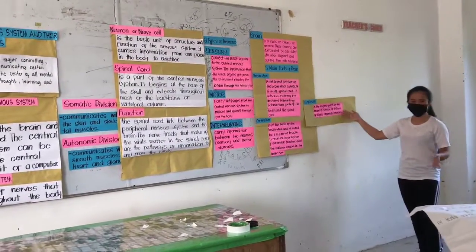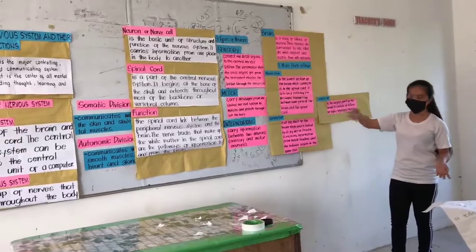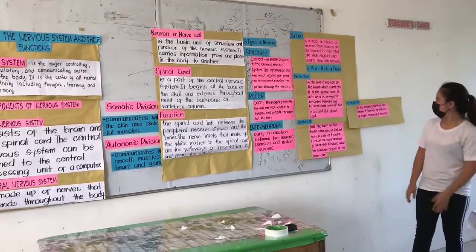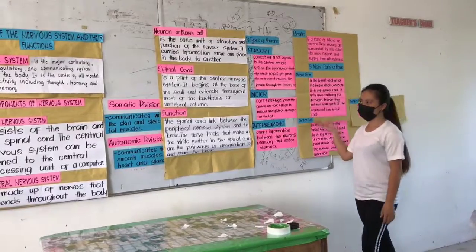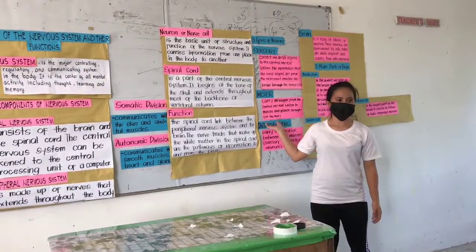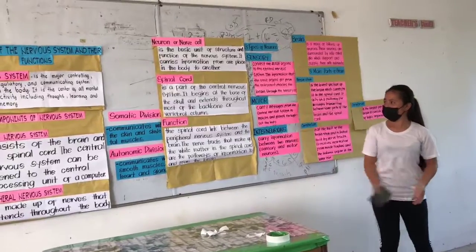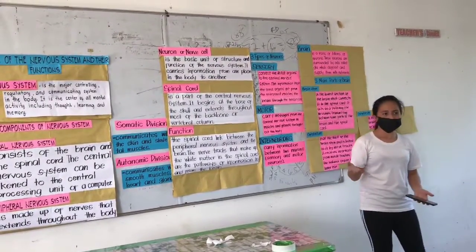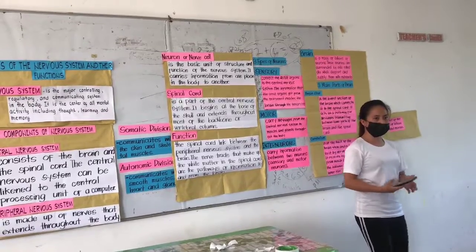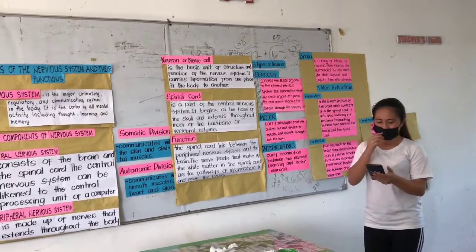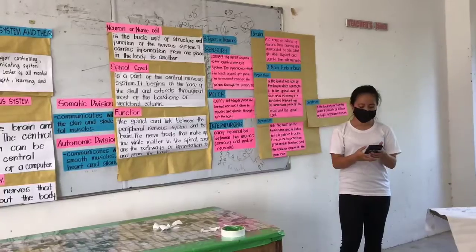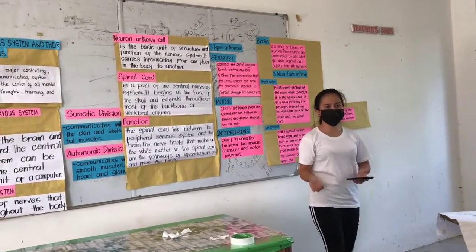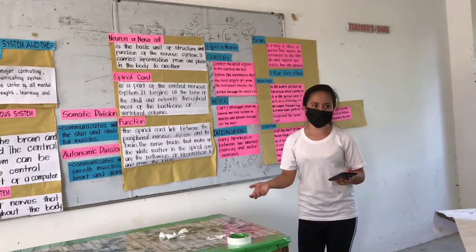So, class, any clarification about our lesson? Yes, ma'am. No. So, class, do you have any clarification about our topic? None, ma'am. Okay. By the way, class, the brainstem has three parts: the medulla, the pons, and the midbrain. The medulla controls involuntary activities such as breathing and heart rate.